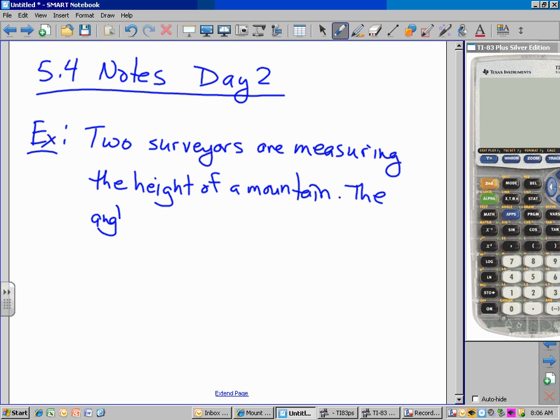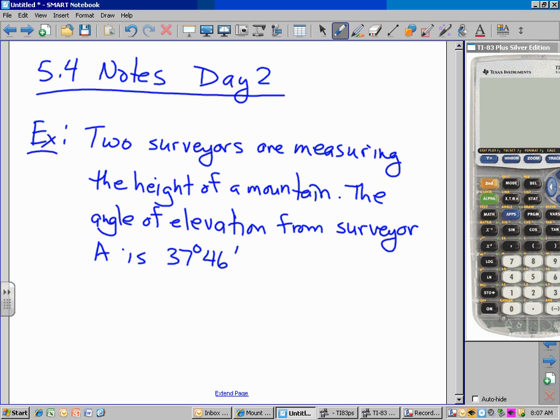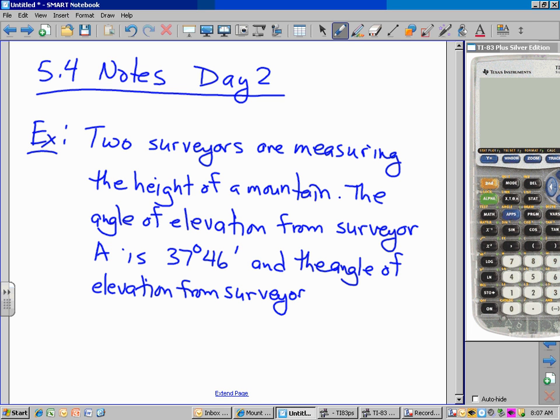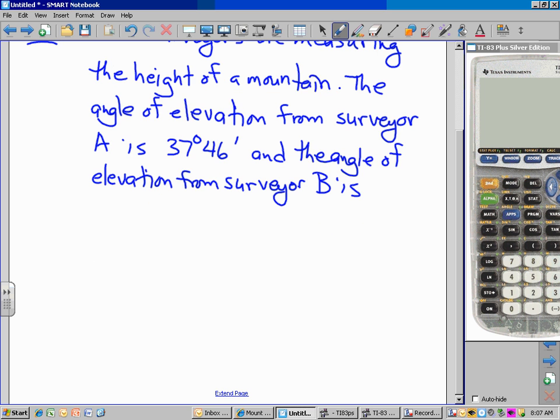The angle of elevation from surveyor A is 37 degrees 46 minutes, and the angle of elevation from surveyor B is 40 degrees 30 minutes.